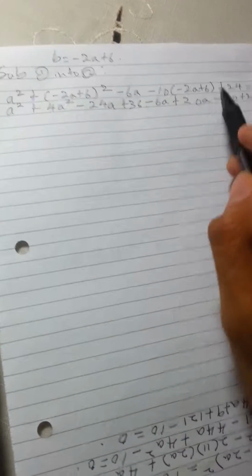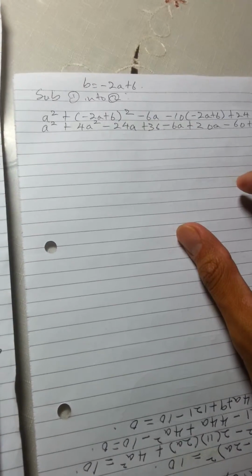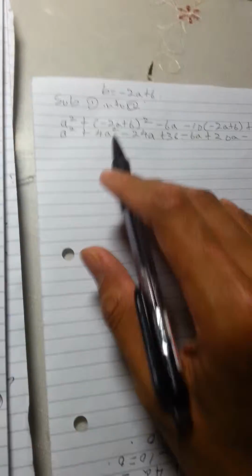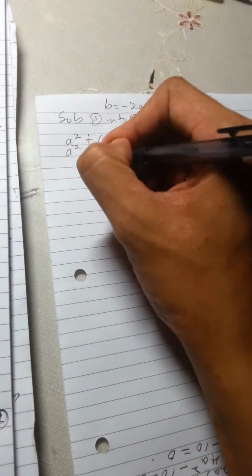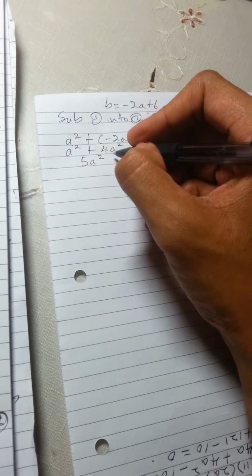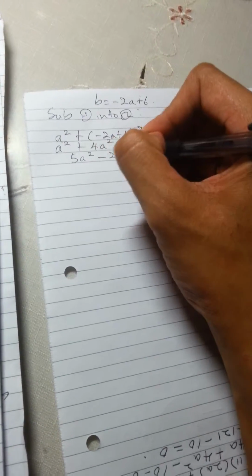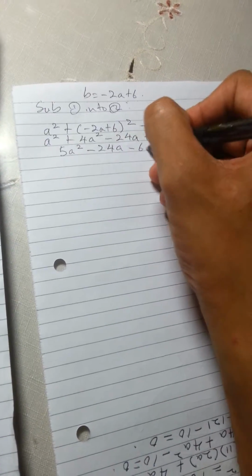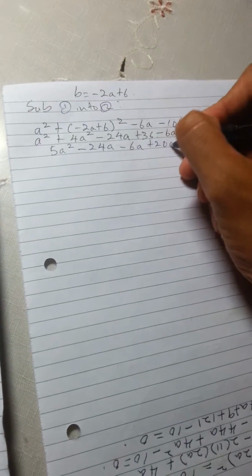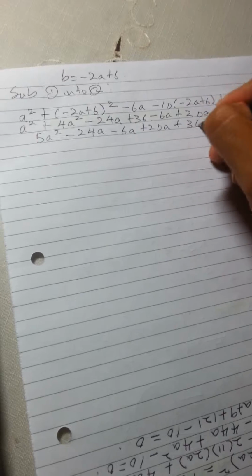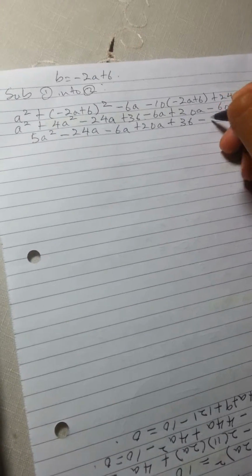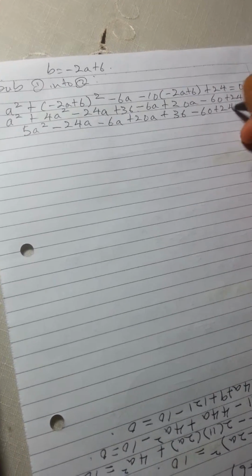Please be careful of the positive and negative signs. Okay, so after you did this, again, housekeeping, you have 5a square, minus 24a minus 6a plus 20a, and then after that plus 36, minus 60 plus 24 equals to 0.